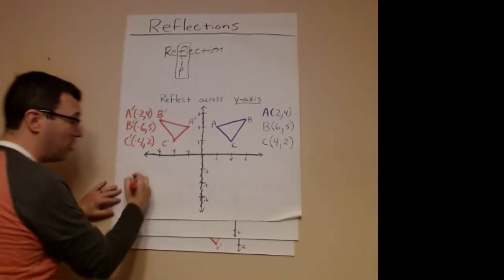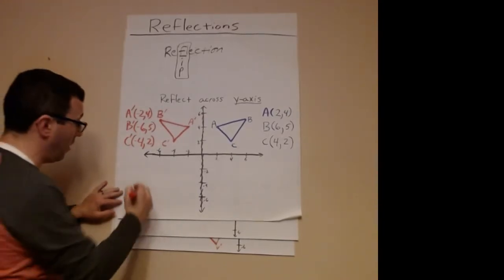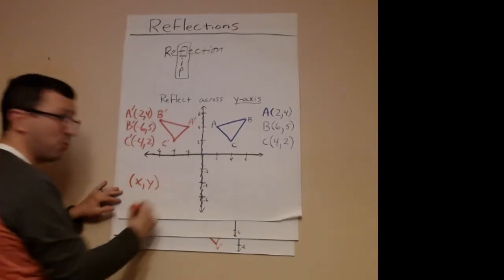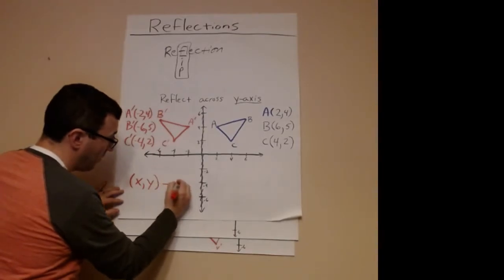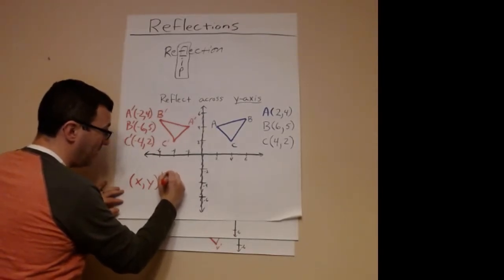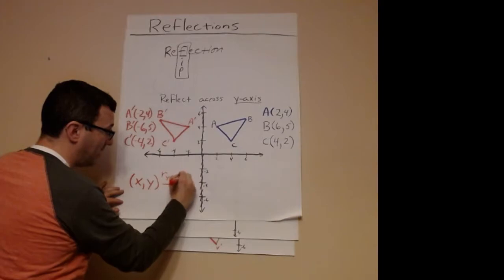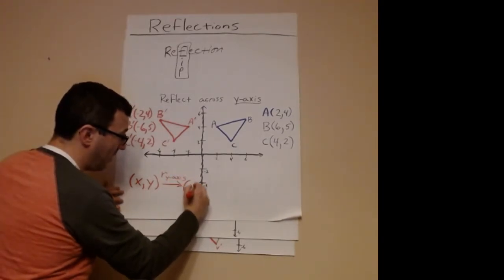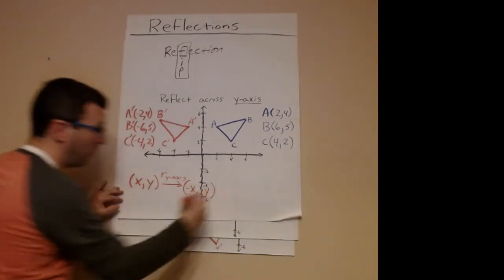So we can show a general rule: when we have the point x, y and we reflect it across the y-axis, we're going to wind up with negative x, comma, y.